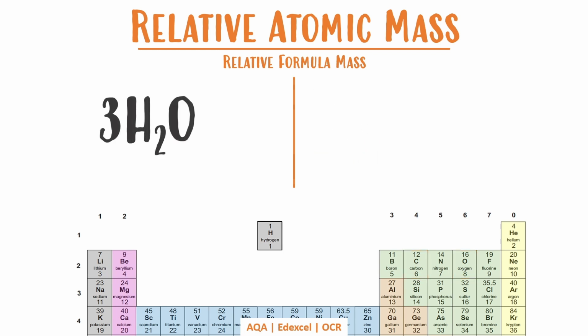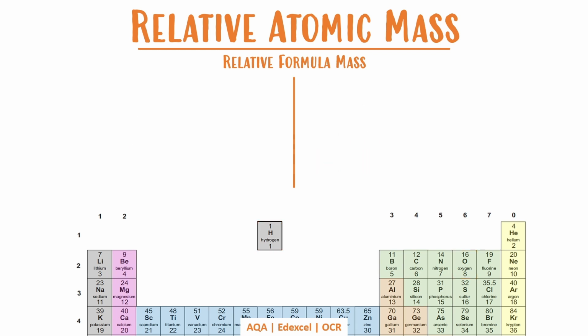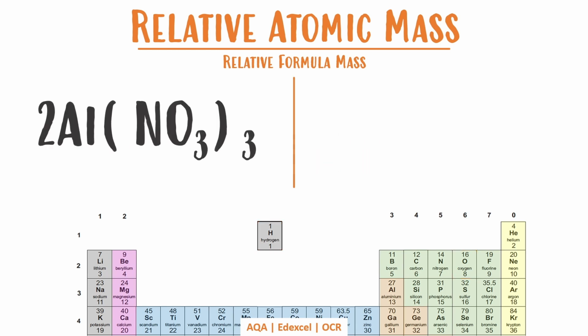And water. Now for this, whenever we're working out the MR, we only look at one molecule. So we have 2 hydrogen atoms and 1 oxygen. We'll multiply these by the individual masses, giving us a total of 18. And our last example here was that aluminium nitrate.